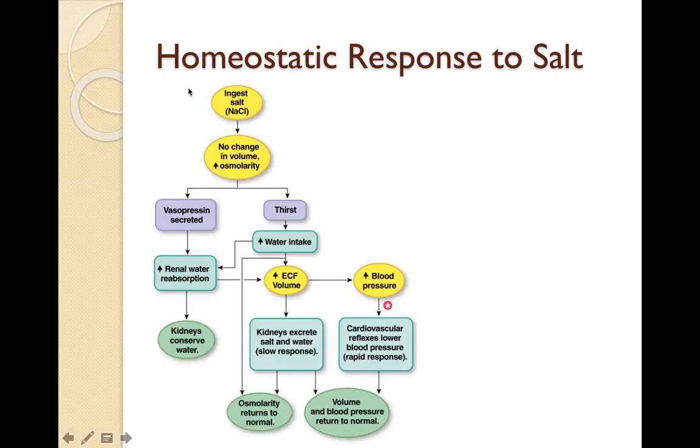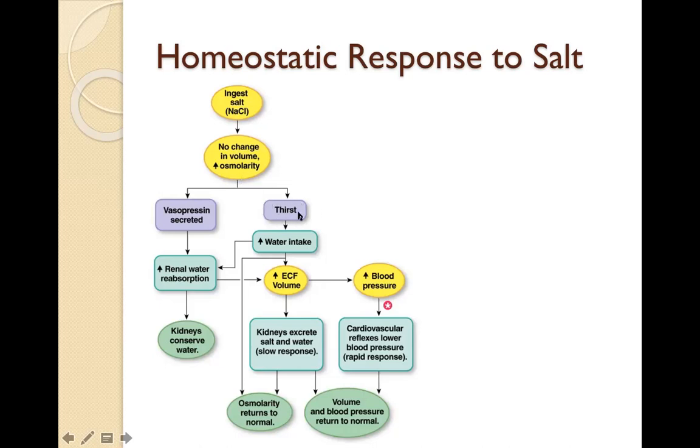If we ingest sodium chloride with no change in the volume at all, there would be a change in osmolarity. And this would cause 2 things to happen. Number one, you would have the thirst receptors stimulated. You have thirst receptors in your hypothalamus, and so it would recognize a higher osmolarity.